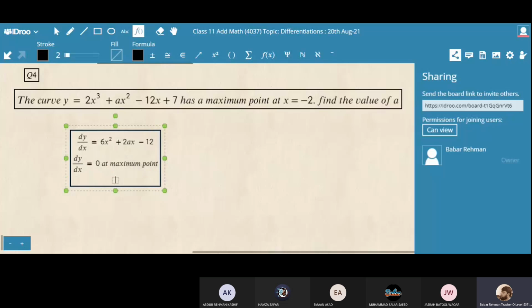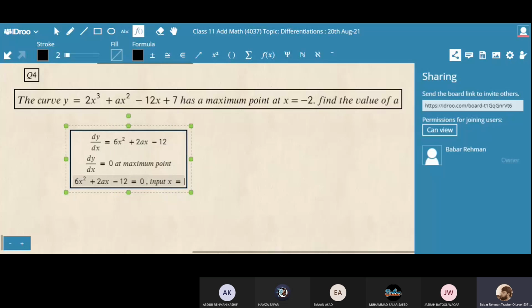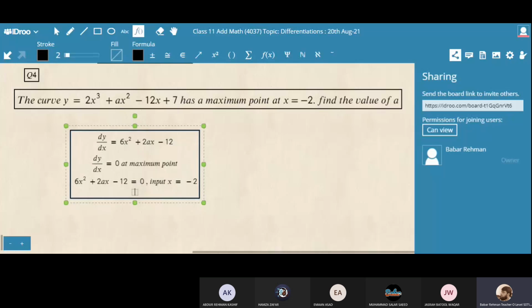So student, what should I write now? The derivative should be equal to 0, but over here I will input the value x is equal to -2. So 6 into -2 square plus 2a into -2 minus 12 is equal to 0.